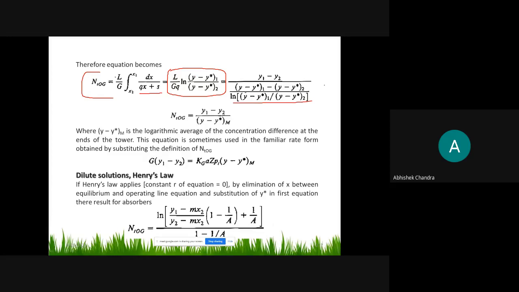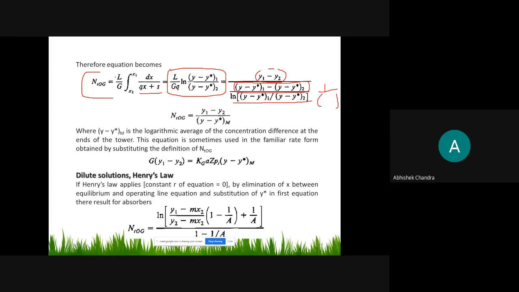When you take it in terms of the denominator, the one upon something comes down. In the denominator and the numerator you multiply by y1 minus y2, because this is again y1 minus y2. To make this term a logarithmic term, we can break y1 minus y2 into this form, with y1 minus y2 in the numerator as well as in the denominator.